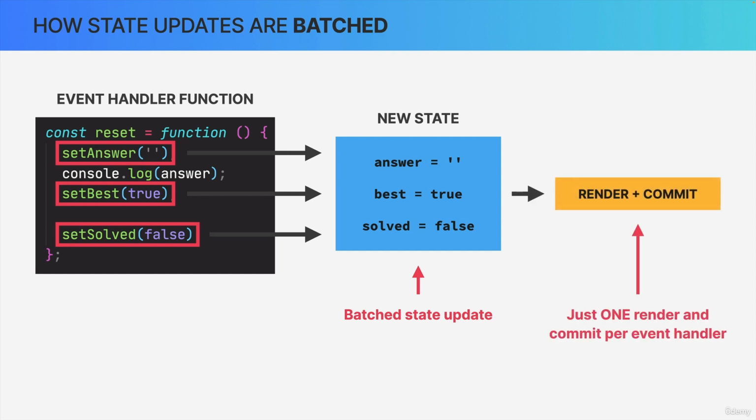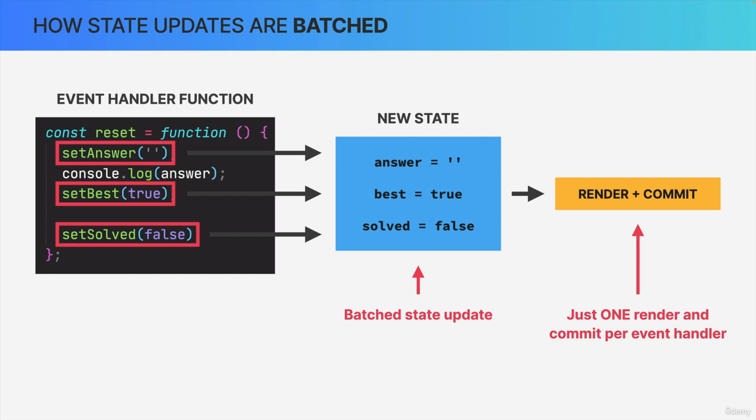And conceptually, it makes sense that React works this way, because if we're updating these pieces of state together, it probably means that they should just represent one new view, and therefore React only updates the screen once. So if these state updates belong together, it really wouldn't make much sense to update the screen 3 times.